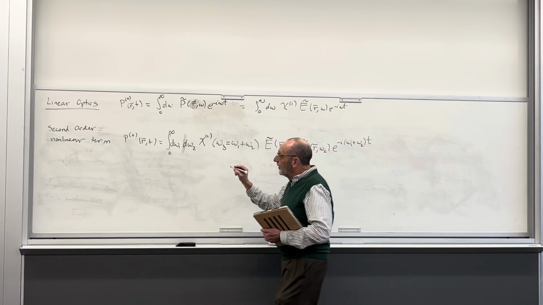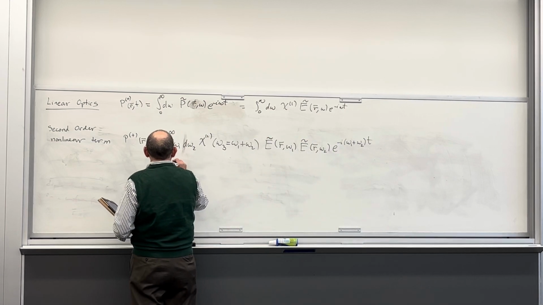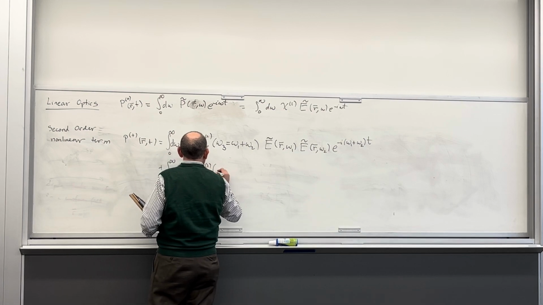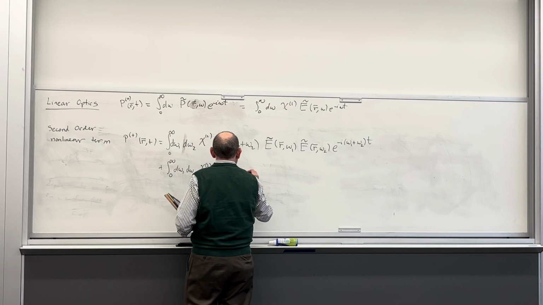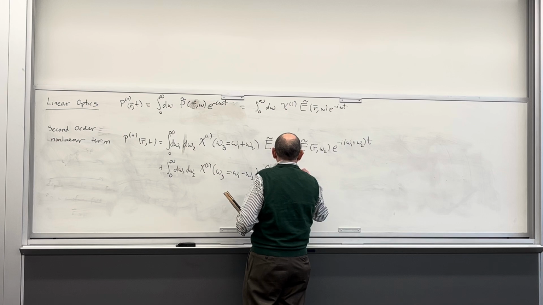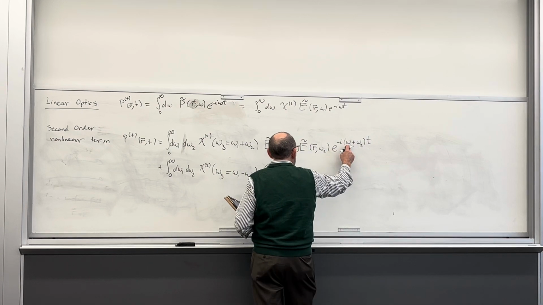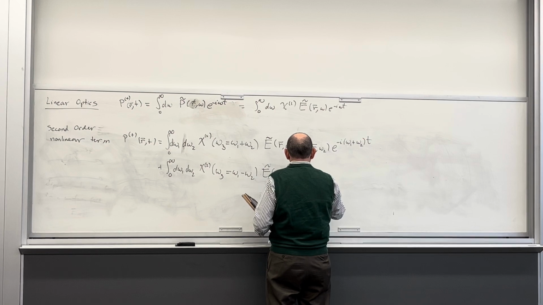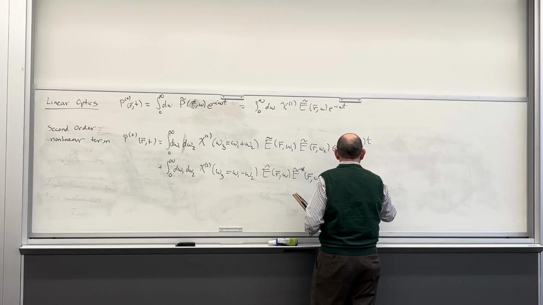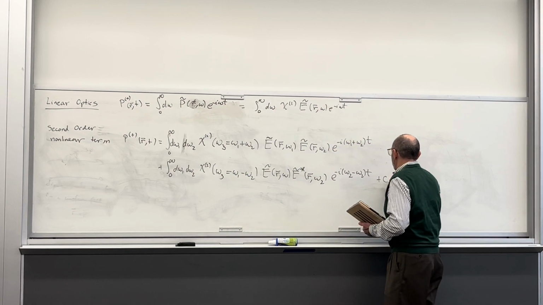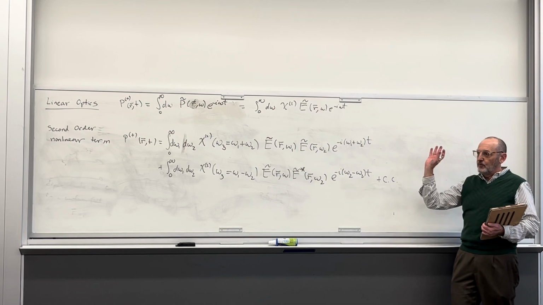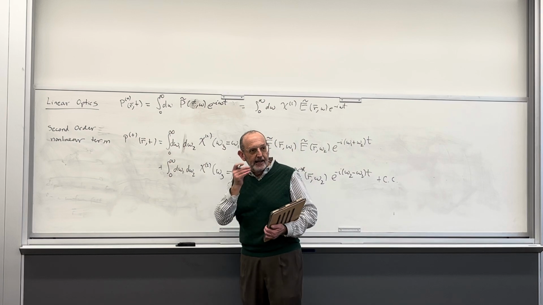And there are going to be other terms, though, which are the difference frequency. That will involve one of these being positive and the other one being negative, which means I have E star. Everyone see that? When I write out the square of that, I'm going to get this term.